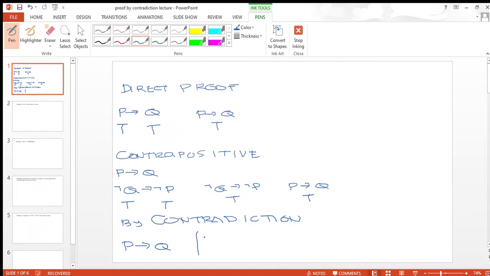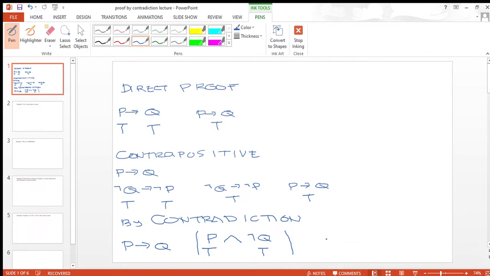We now assume P to be true, okay? But this time, we will consider not Q will also be true. So that will be the assumption. P is true and not Q is equal to true.